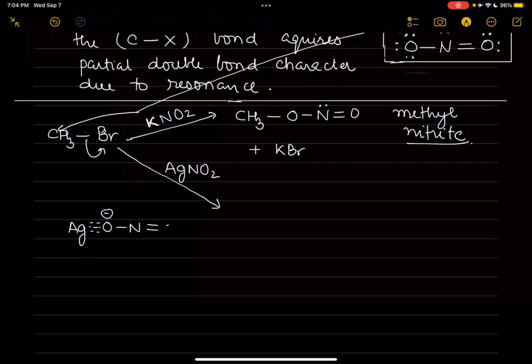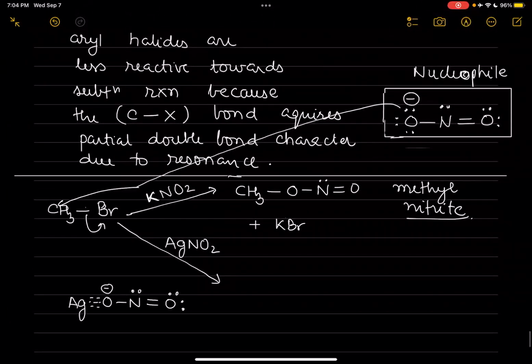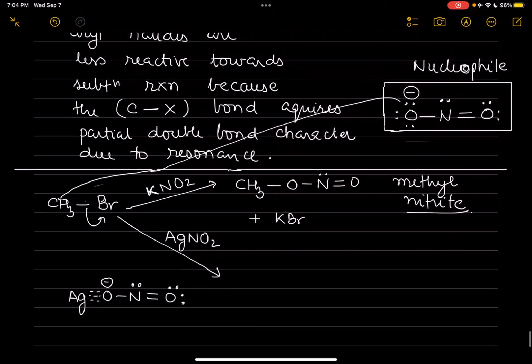But look here, the O minus which is directly connected to Ag plus has a partial covalent bond. So it is not free to attack.